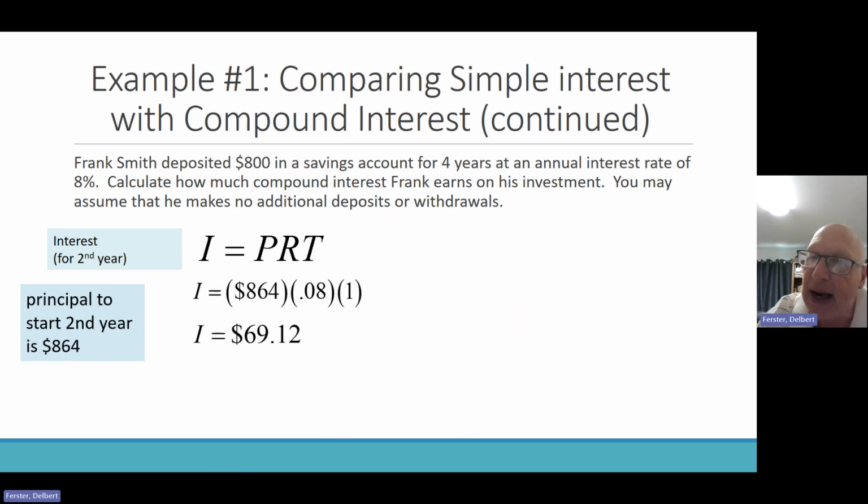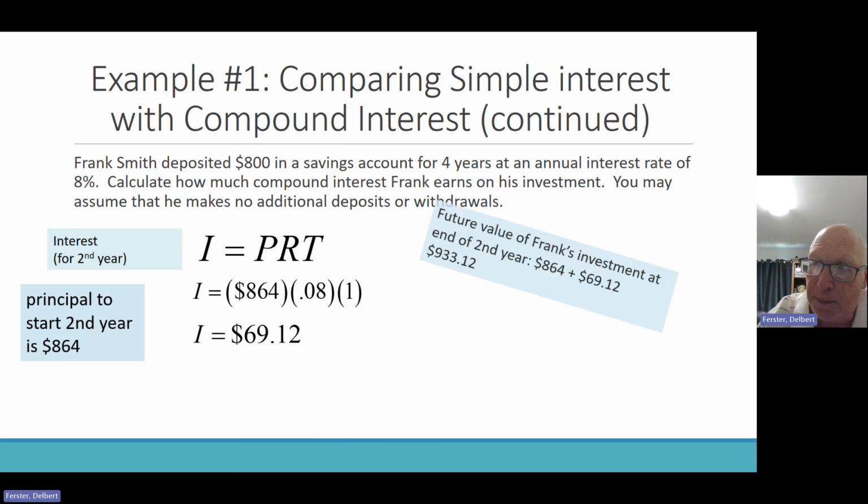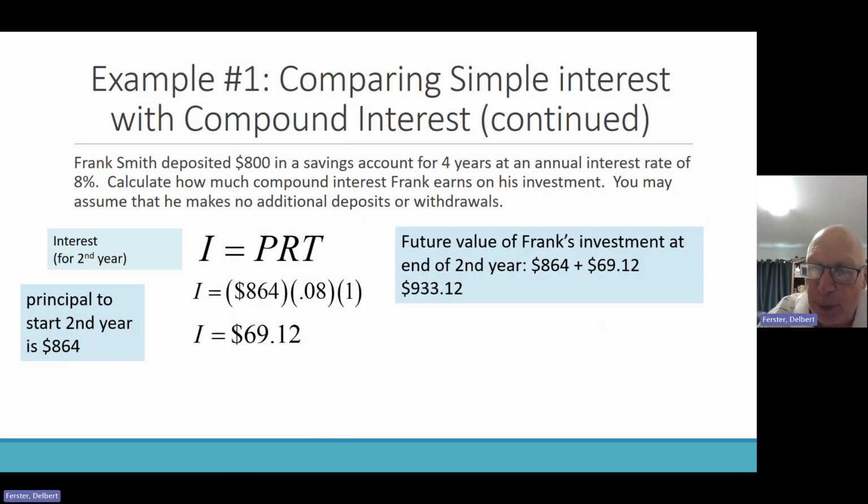He's going to earn $69.12. Well, his previous balance was 864. So now his investment gets added to that 864 to 69.12. So his investment opportunity headed into year three is for a balance of $933.12. Let's go get it.